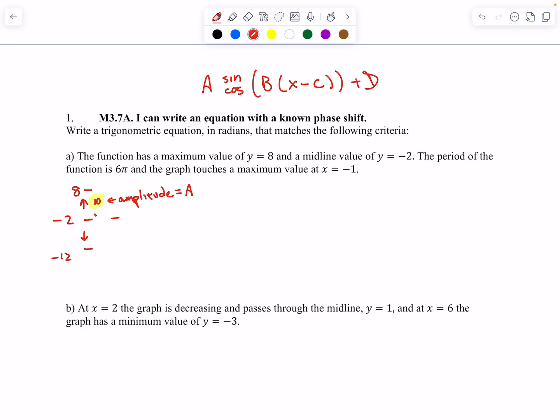So the next thing we need to know is B and the phase shift. Okay, and which one we want to use, sine or cosine. So the B is 2 pi over the period.